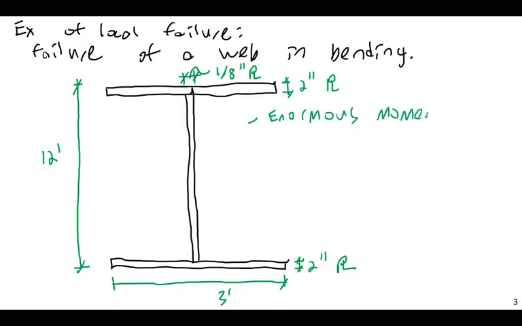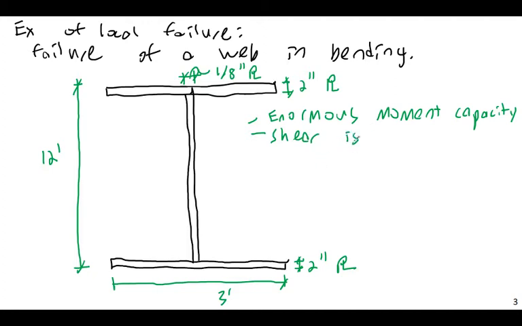Enormous moment capacity. The shear would definitely leave something to be desired. The shear might cause failure because this is relatively low. This would definitely fail in shear before it failed in moment.